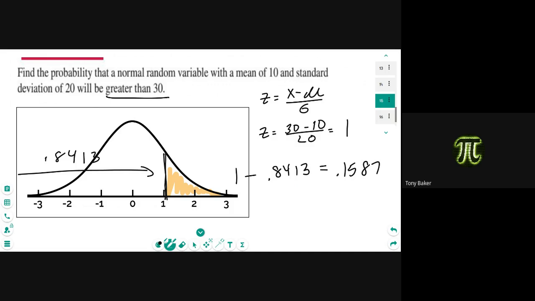The 10 is my mean. Mean is 10. My deviation is 20. And the value we're looking for is 30.